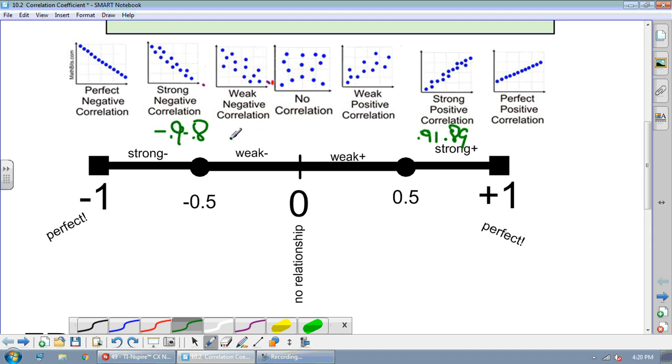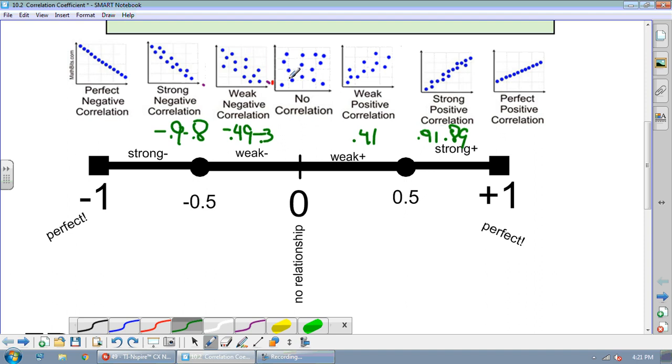This could be like a -0.49 or like a -0.3. Positive, I forgot the negative there. Positive weak correlation would be like a 0.41, something like that.